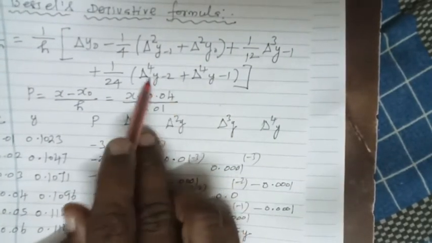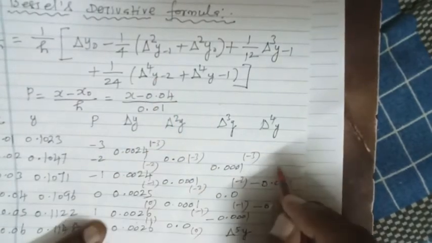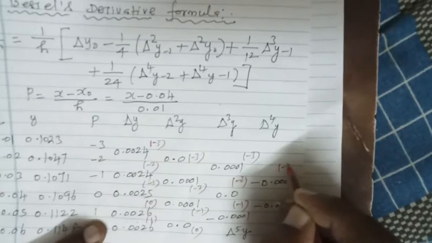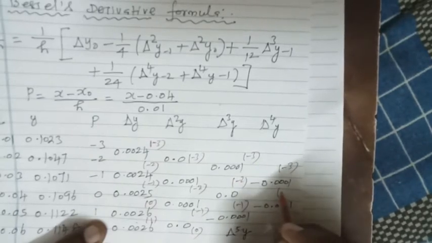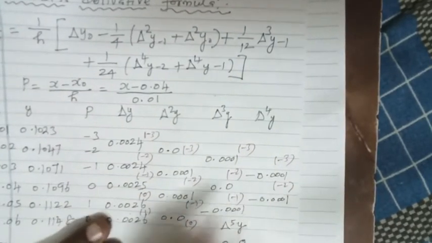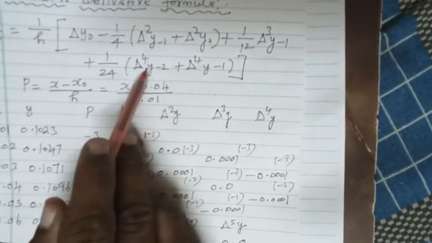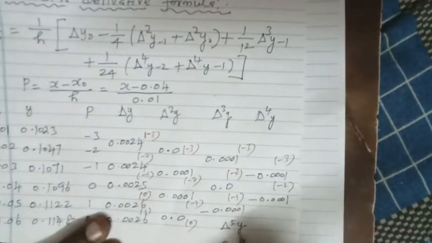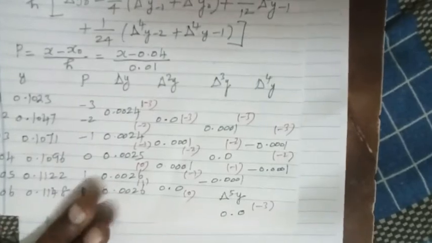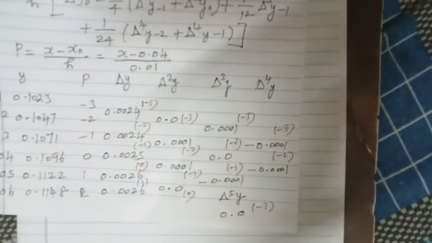Next, delta power 4 requires y minus 2 and y minus 1. This is for delta power 4 y minus 3, and this is for y minus 2. But required y minus 1 and y minus 2. And delta power 5 starts with delta power 5 y minus 3.